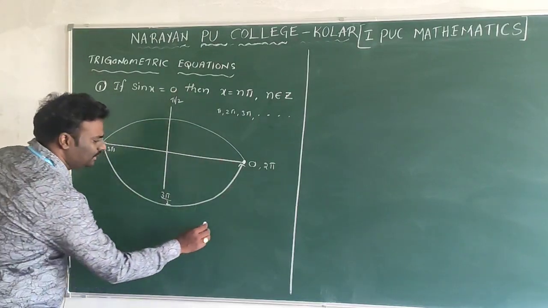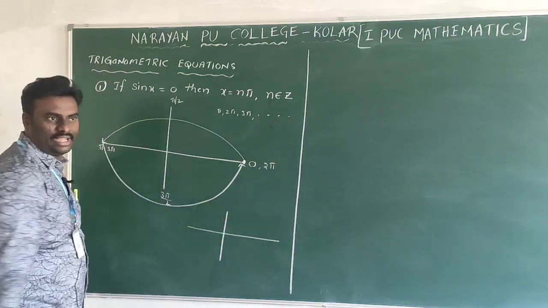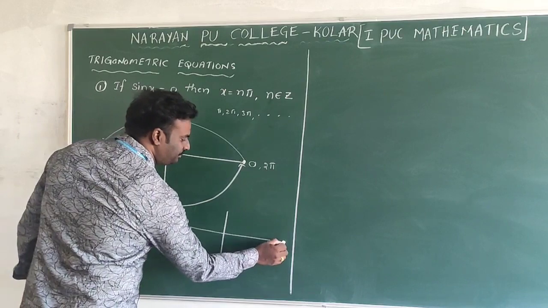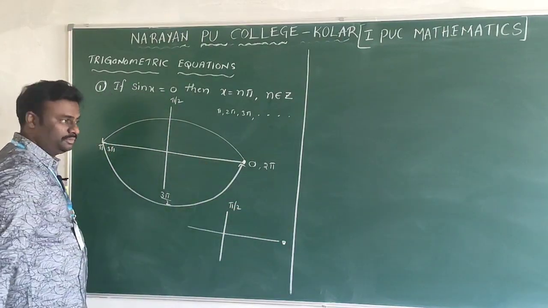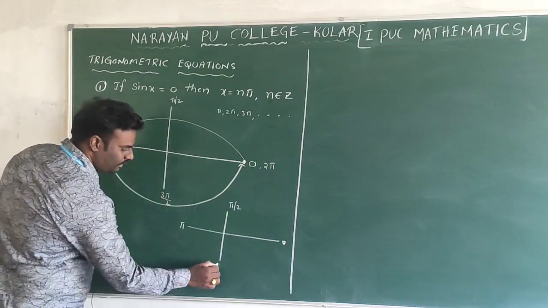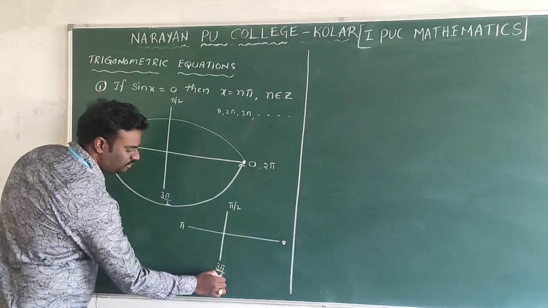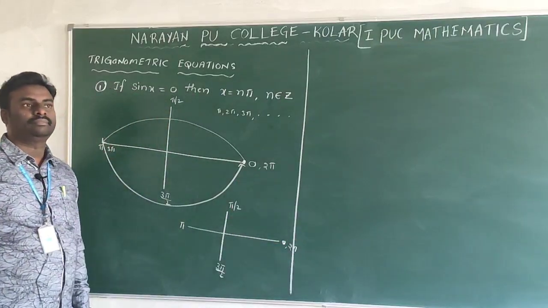If you take the diagram here, 0, pi by 2, pi, 3 pi by 2, 2 pi.